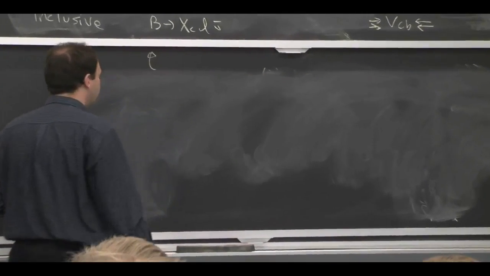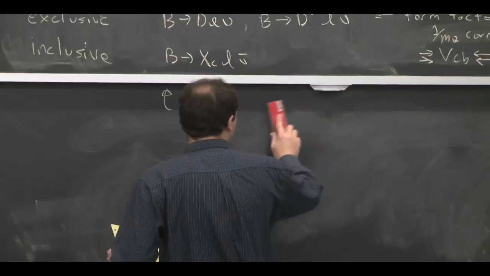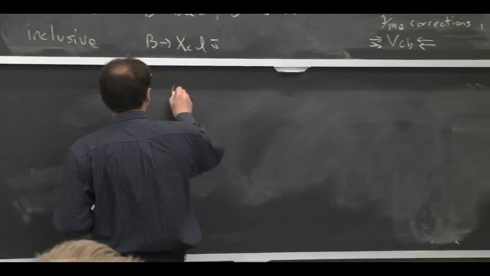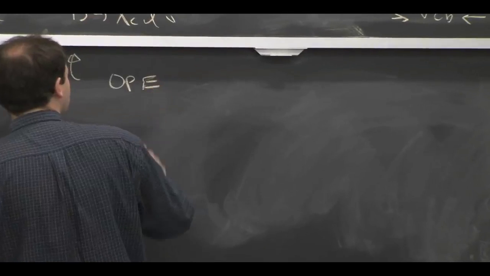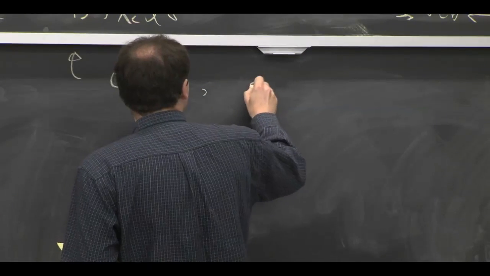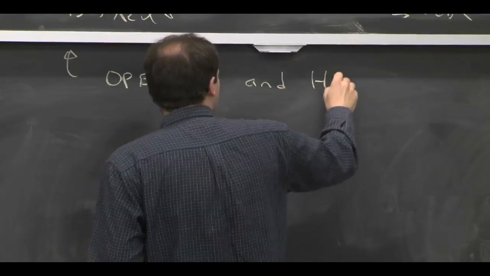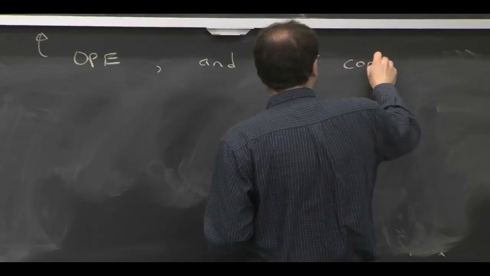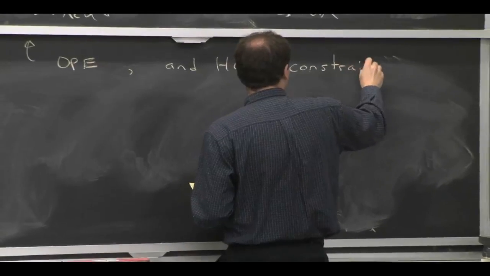And here, it's more interesting because you can basically do everything with pen and paper. So here you can use an operator product expansion, OPE. And actually, HQET constrains the form of the operator product expansion as well.